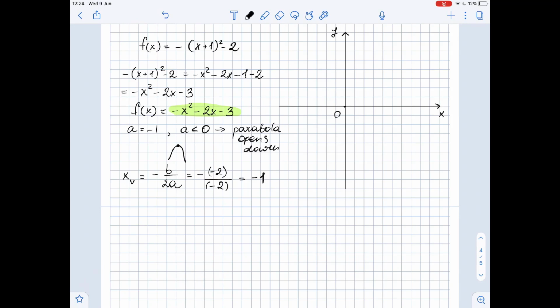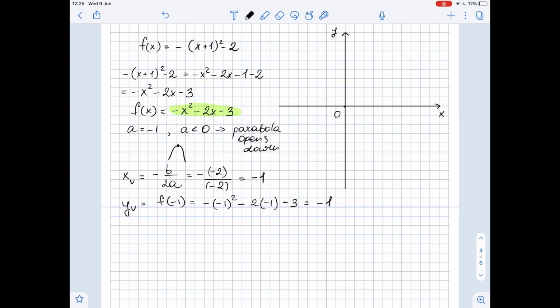This is the x coordinate of our vertex. Now we need to find the y coordinate. And it will be equal to f of negative 1, which is minus negative 1 squared minus 2 times negative 1 minus 3. And this is equal to, negative 1 squared is 1, so this is negative 1.